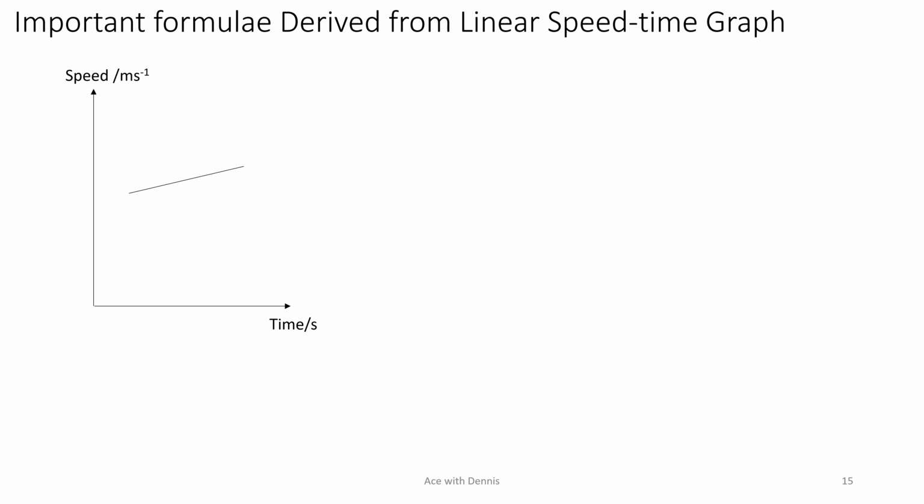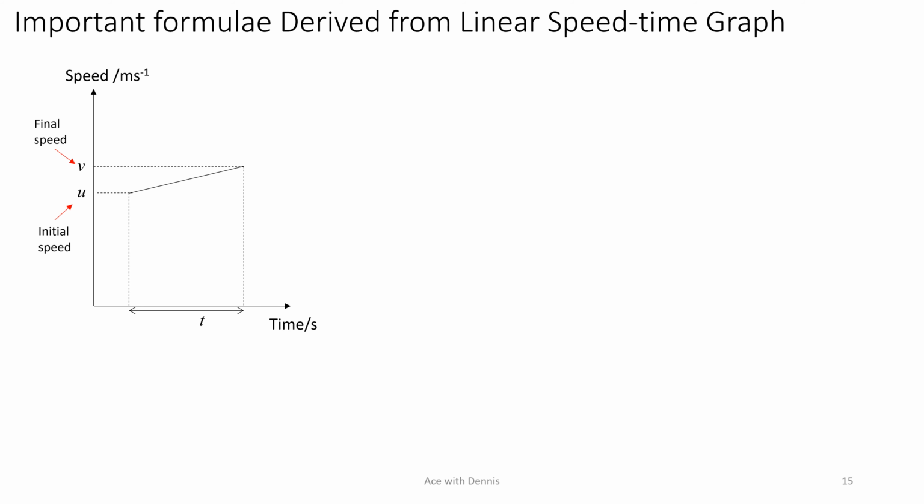There are three important formulas from the linear speed time graph that you need to remember. This slide is going to discuss how we can get the formula. So look at this diagram. Let's say this is u, the initial speed, and this is v, the final speed.